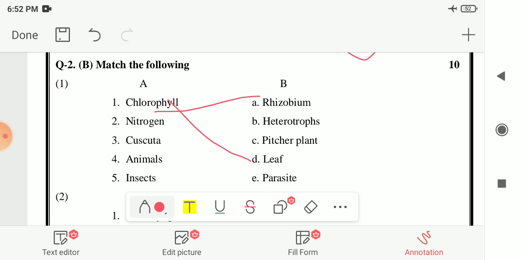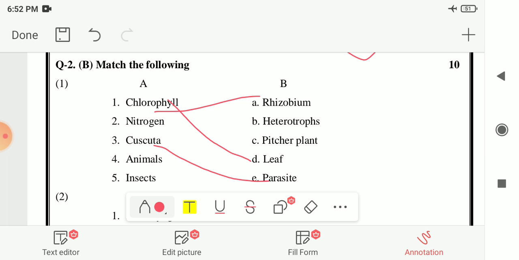So here your answer is rhizobium, option A. Rhizobium bacteria fix the atmospheric nitrogen into the soil. Next is cuscuta. So cuscuta is an example of parasite which depends on the other organisms. So here your answer is option E, parasite.